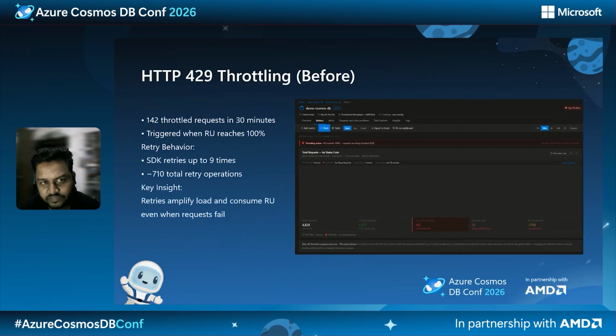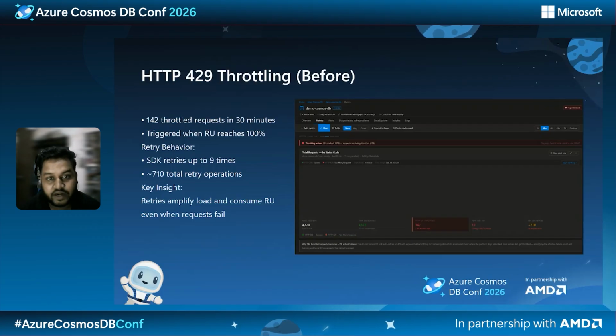Now, let's look at throttling, specifically HTTP 429 errors. We observed 142 throttled requests in just 30 minutes. These occur when RU reaches 100% and Cosmos DB starts rejecting requests. But the important part is what happens next.